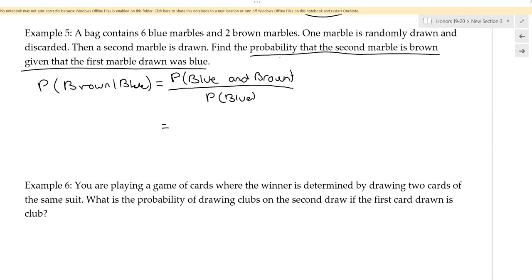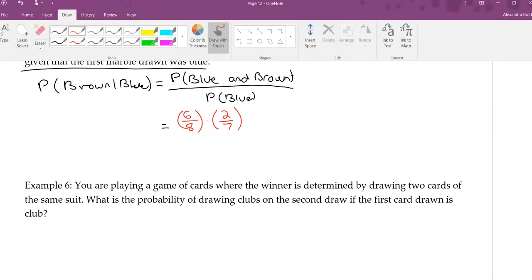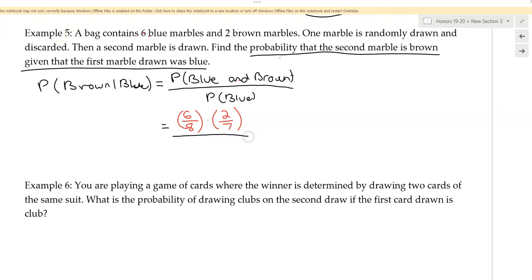So, probability of blue, well, there's 6 blue out of 8. Times, well, I discarded the 1 blue, right? So there's 2 brown, but since I got rid of one of my blue, there's now only 7. Divided by the probability of blue, which is 6 out of 8.